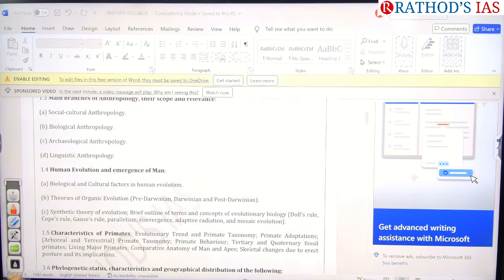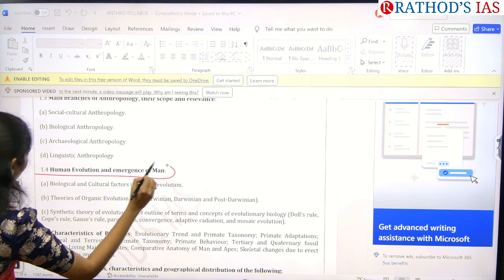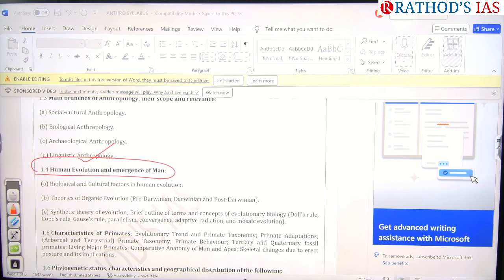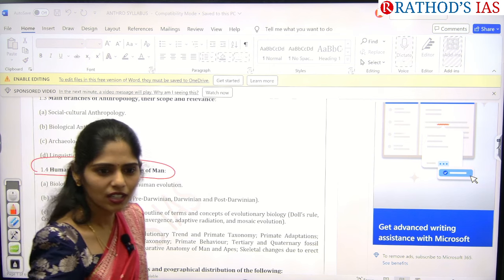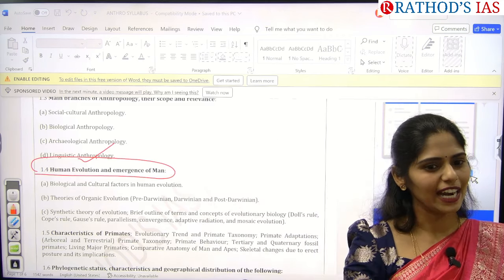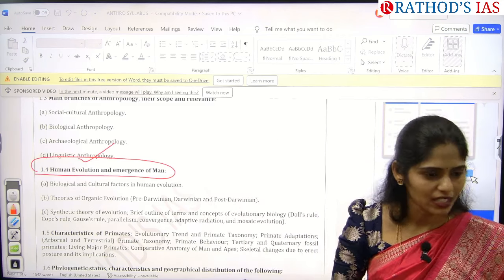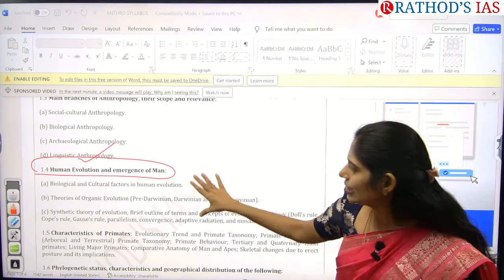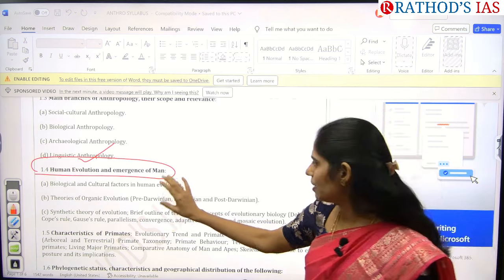So we will be starting our classes from 1.4, that is human evolution and emergence of man. Actually how did humans evolve, that is from apes, right? What are the changes that led to the development of humans? That is what we will be studying in this entire 1.4.